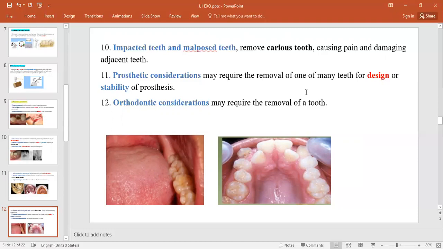Orthodontic consideration may require the removal of a tooth if we have an unerupted canine and there is no space for the canine to be in normal occlusion. In this way, we can extract one of the premolars, to make a space for eruption of the canine.